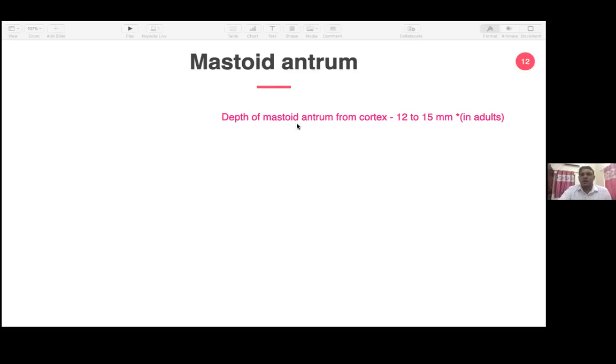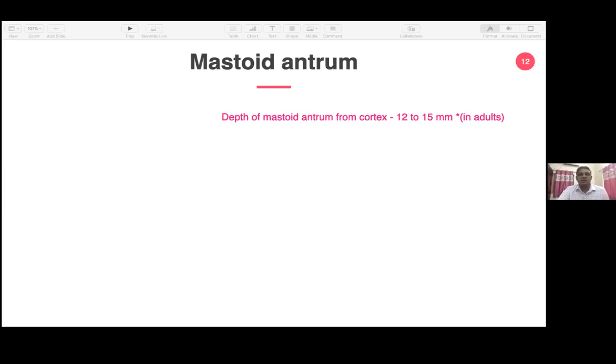It is the entry point between the mastoid air cell system and the epitympanum. So this mastoid antrum is the most constant, almost always present, and one of the biggest mastoid air cells. As we all know, the mastoid antrum, measured from the mastoid cortex laterally, is approximately 12 to 15 millimeters deep.